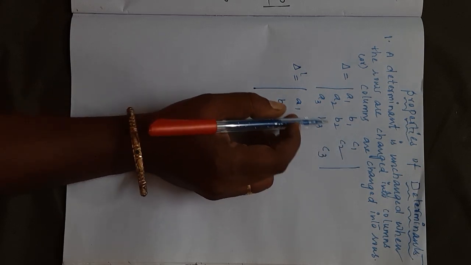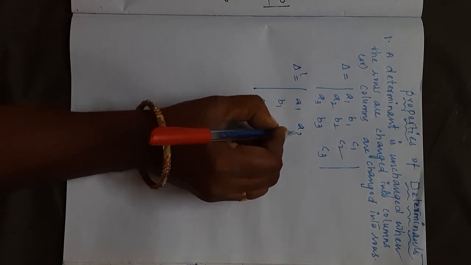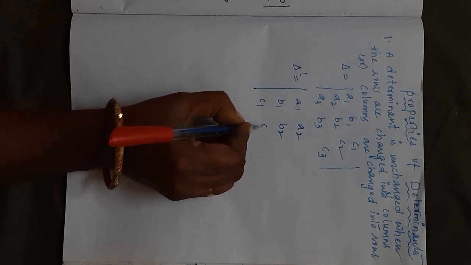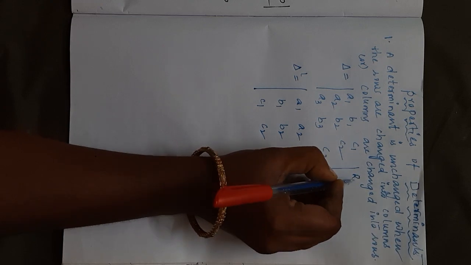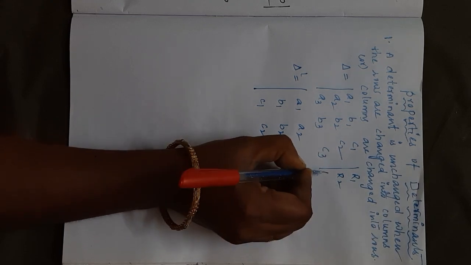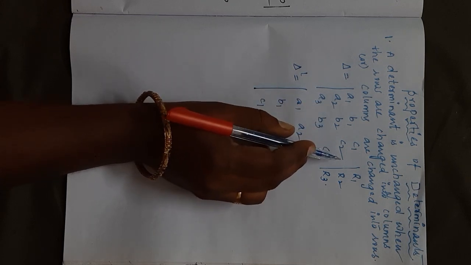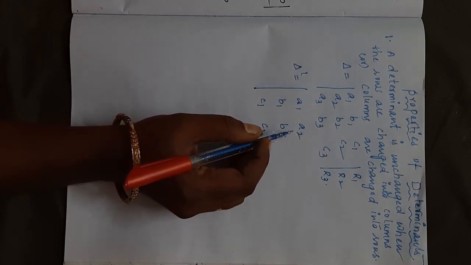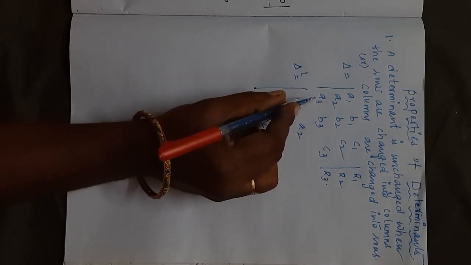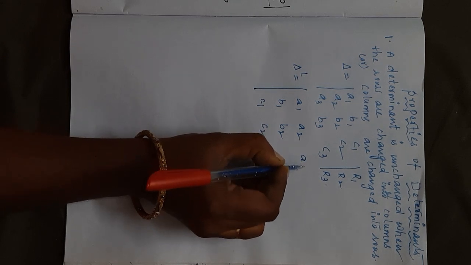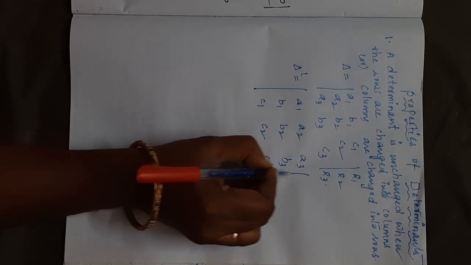Similarly, A2, B2, C2 were the elements in row 2, and they are now written as the elements of column 2. Similarly, the elements of row 3 are written as the elements of column 3.